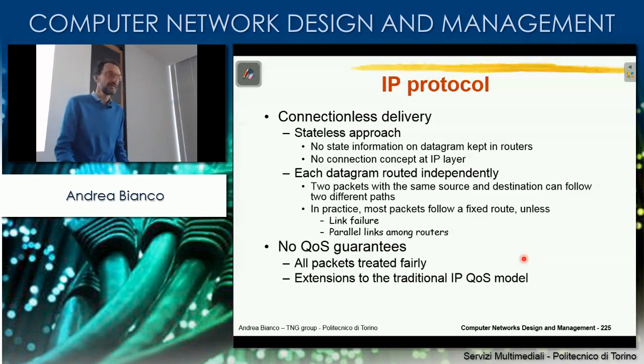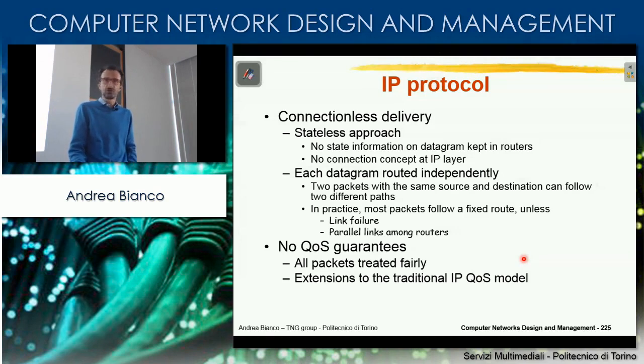In practice, what's happening today in the internet is that, unless there is a very strange situation, which may be link failures or parallel links among routers, you have a space diversity between two routers. You have several cables connecting two routers. In that case, you may detect some out-of-order delivery. Otherwise, normally, that's not going to happen. Why? Because we are following a single route per destination.